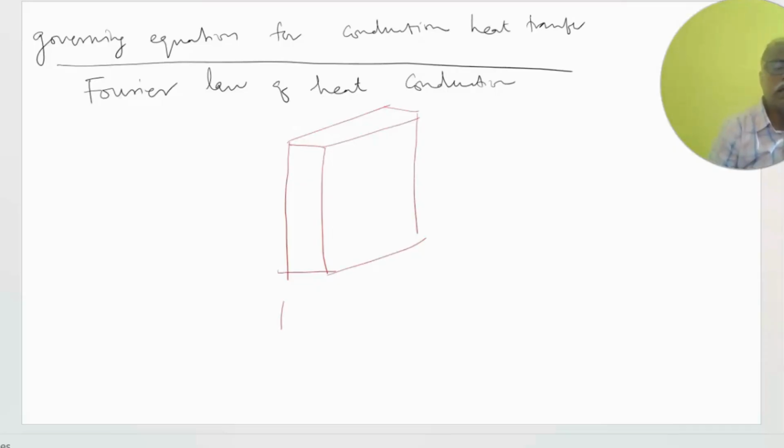Let this thickness be L, and let this area be area normal to heat flow.